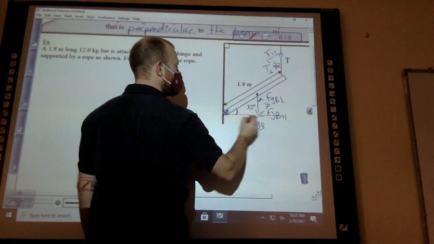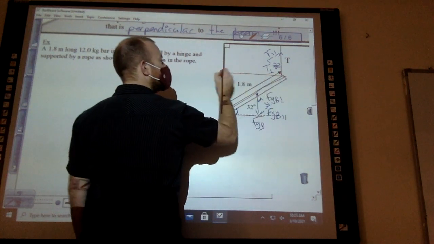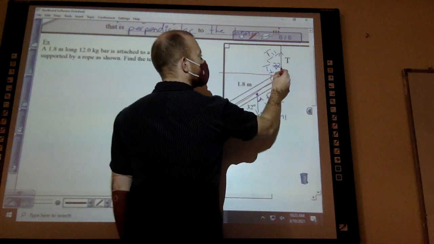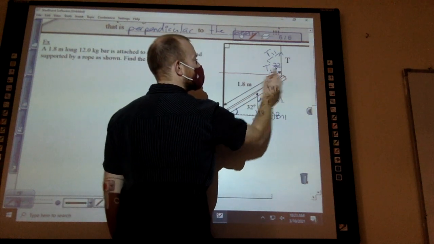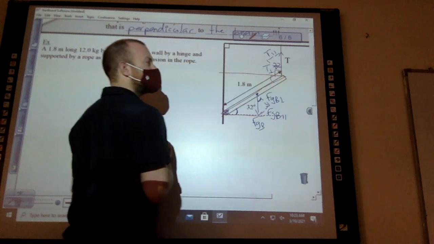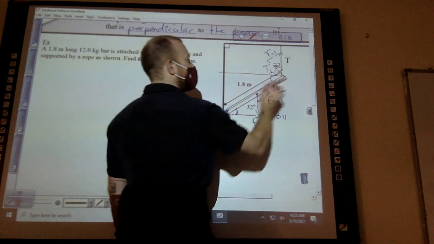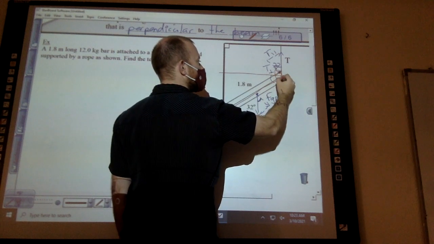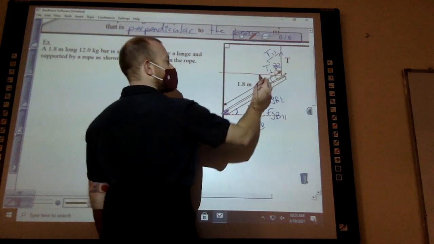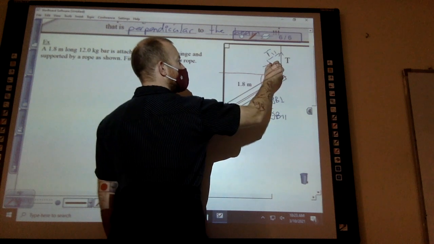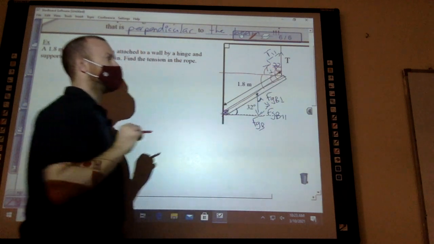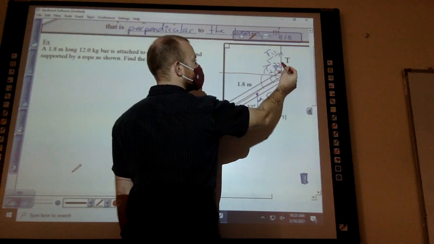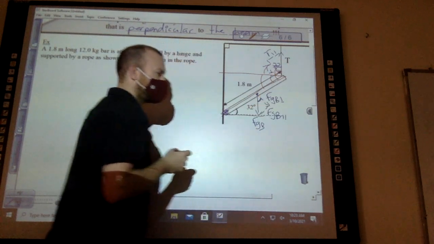So Z rule gives me this as 32. Between the tension straight up and this straight horizontal, this is 90 degrees. And between perpendicular and the beam is 90 degrees. So if this is 32, the rest of this here has to be 90 minus 32. And 90 minus 32 minus 90, which is here, gives you the rest.